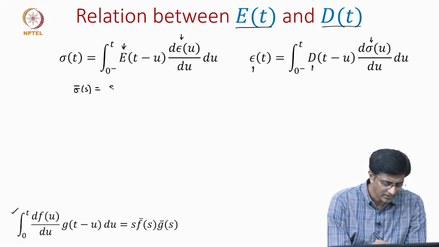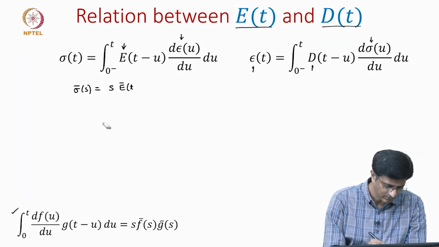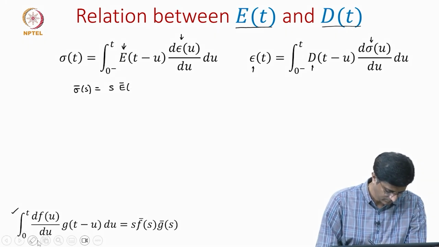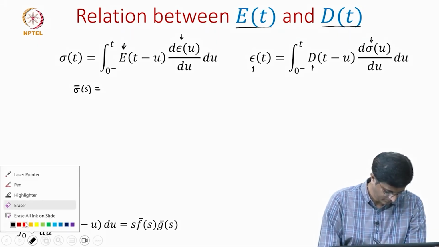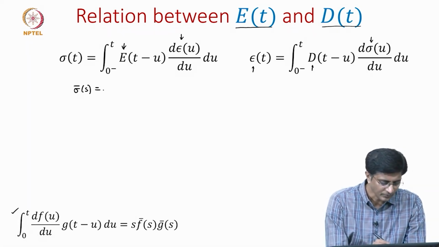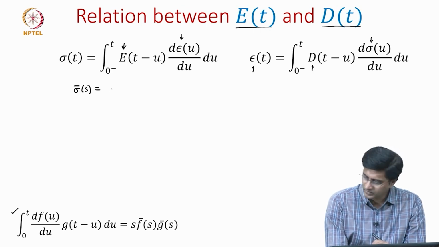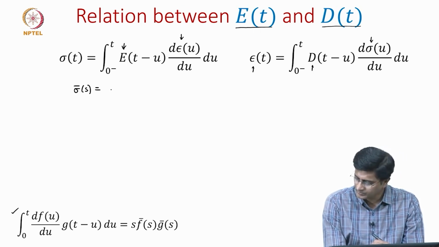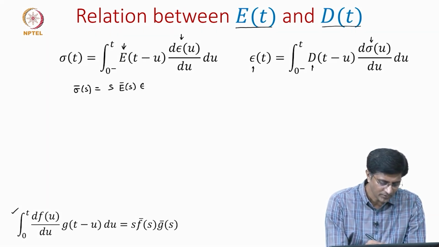This should be written as s times E of s, product with epsilon of s.